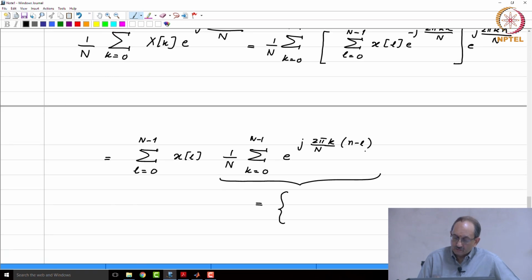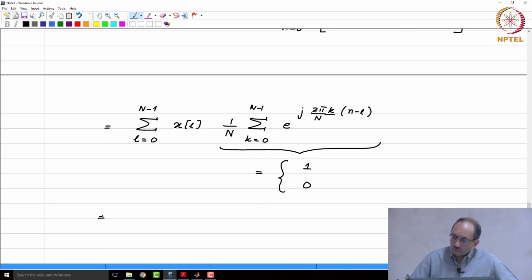When l equals n, what will be this summation? Remember you also have the 1 over N factor. So, this will be 1. When l is not equal to n, it will be 0.